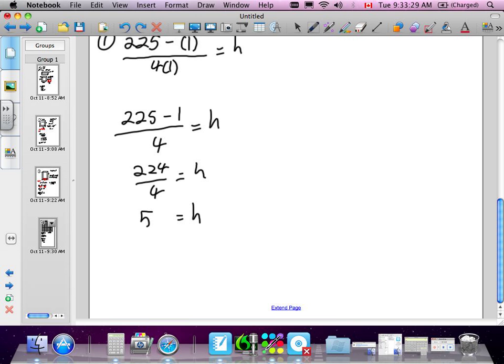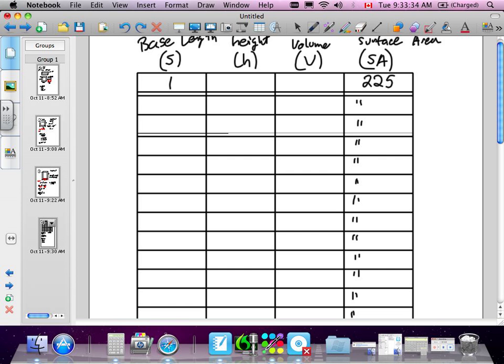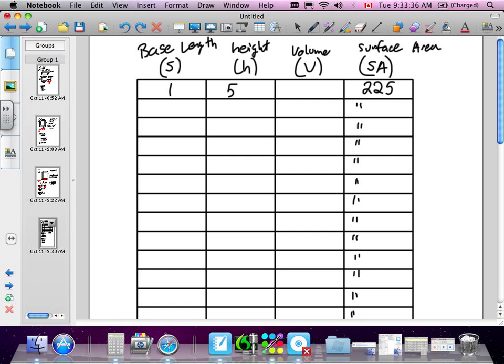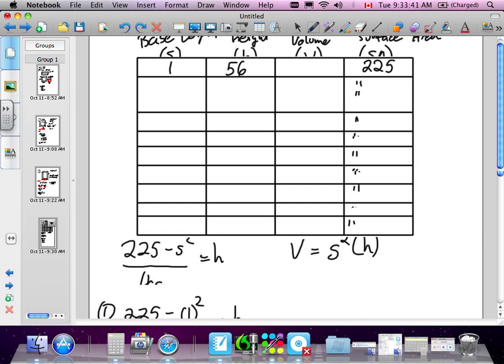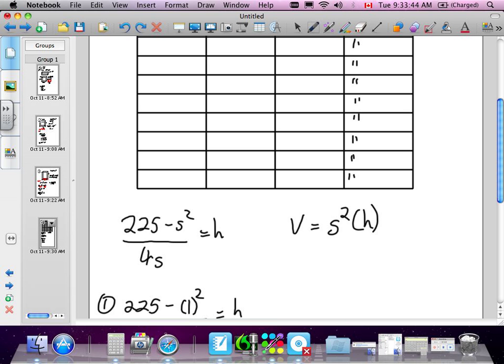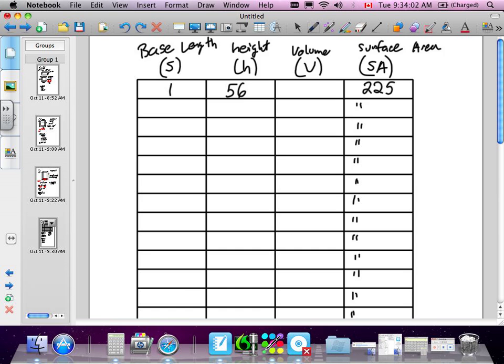So, now that I know the height is 56, I put it into a volume formula. Volume is S squared, which we tried as the number 1, and the height is 56. So, our volume becomes 1 squared times 56. 1 times 1 is 1, times 56 is 56. So the volume of this shape is 56.